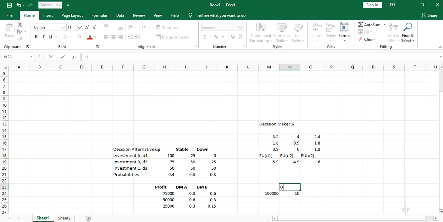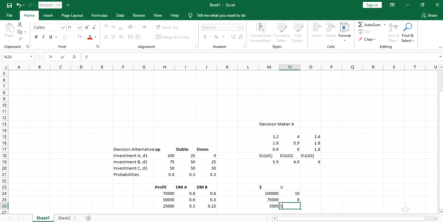This is utility and this is dollars. So we make a benchmark, like $75,000 equals 0.8 from decision maker A's perspective, which is 0.8 multiplied by 10. It's simply 8.